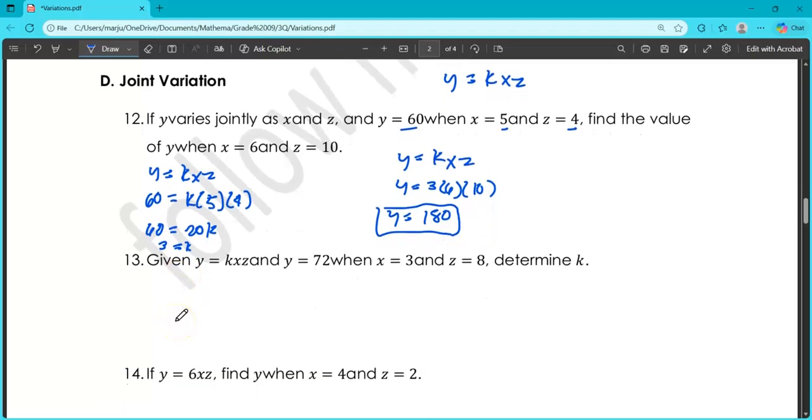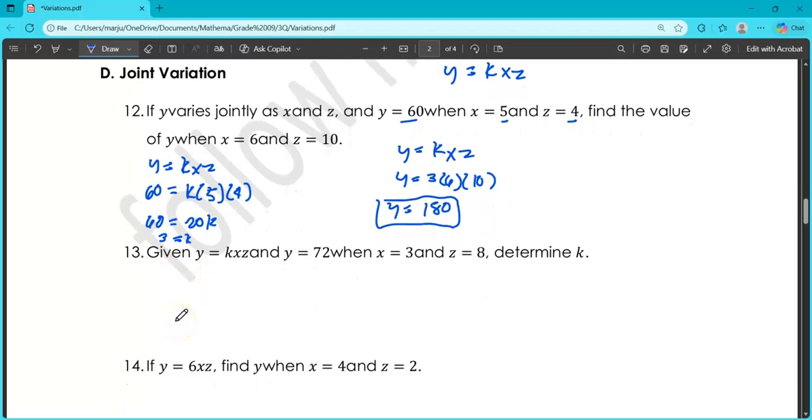Number 13. Given y equals kxz and y equals 72 when x equals 3 and z equals 8, determine k. So again, y equals kxz. I know that y is 72.